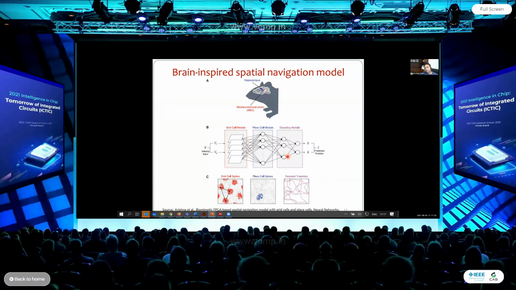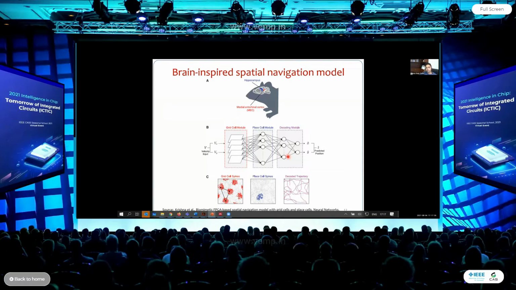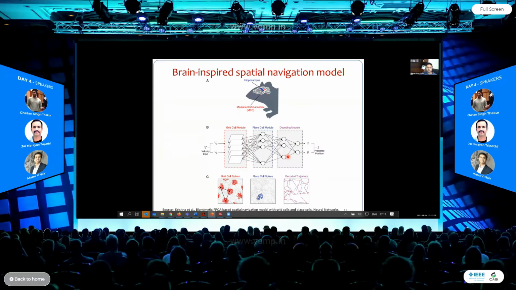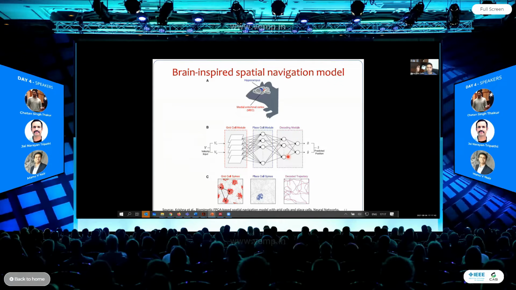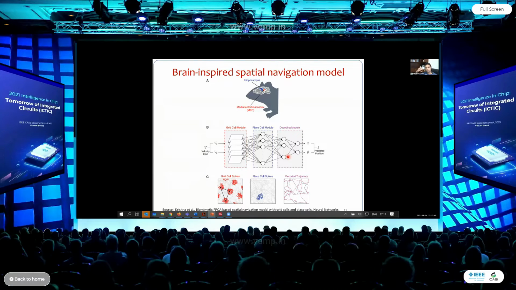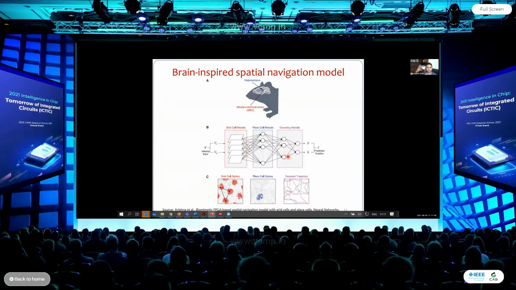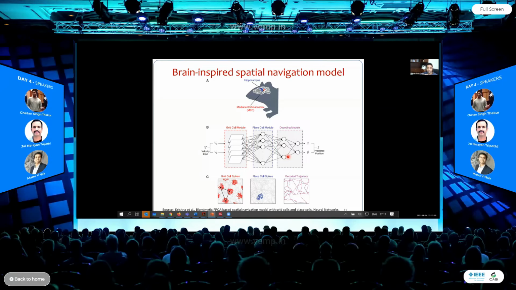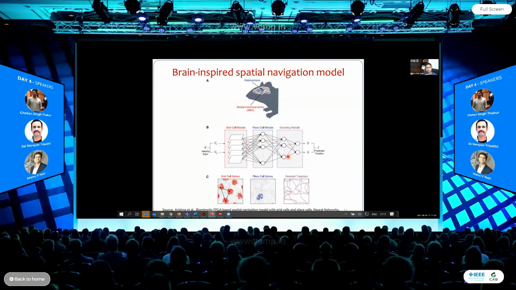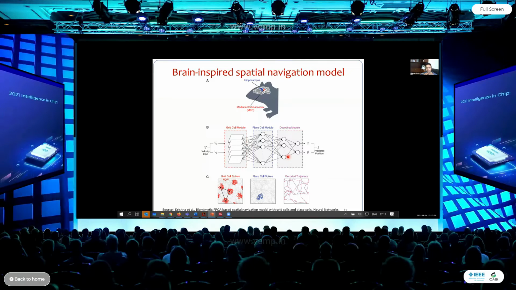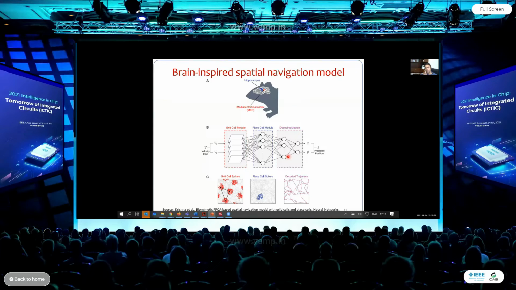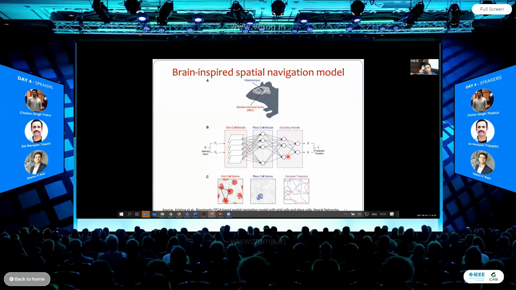In terms of the complete model of spatial navigation in mammals, several cells contribute, as I showed: grid cells, place cells, border cells, and there are also goal cells and conjunctive cells. There are many different cells which contribute to the spatial navigation system of mammals. But in our architecture, we use mainly grid cells and place cells, and we also use head direction cells as an input to the grid cells here.